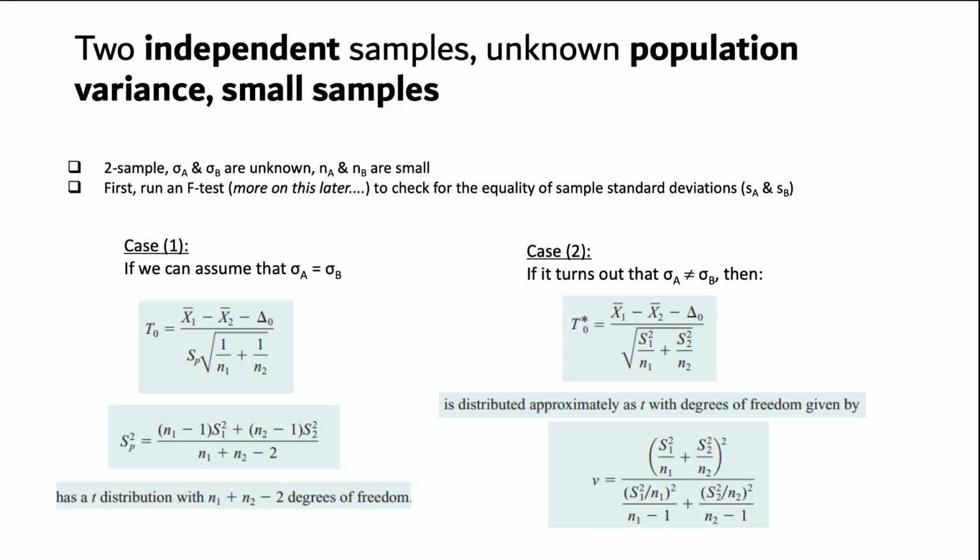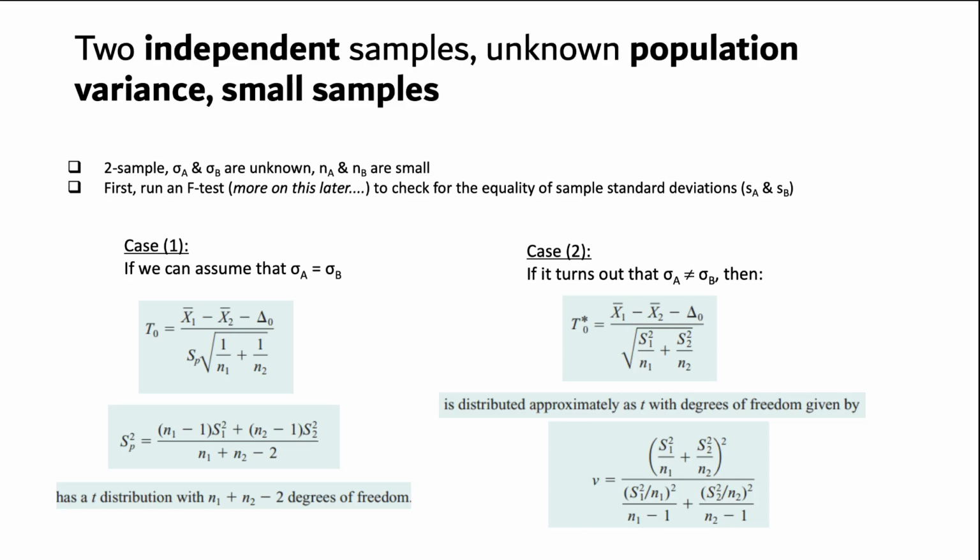So if we look at this slide, we already have the test statistics and all the equations to do the hypothesis testing of these two independent samples with unknown population variance and small sample. X is the random sample. X bar is the sample mean. S is the sample variance. So S1 is the sample variance of the first sample and S2 is the sample variance of the second sample.